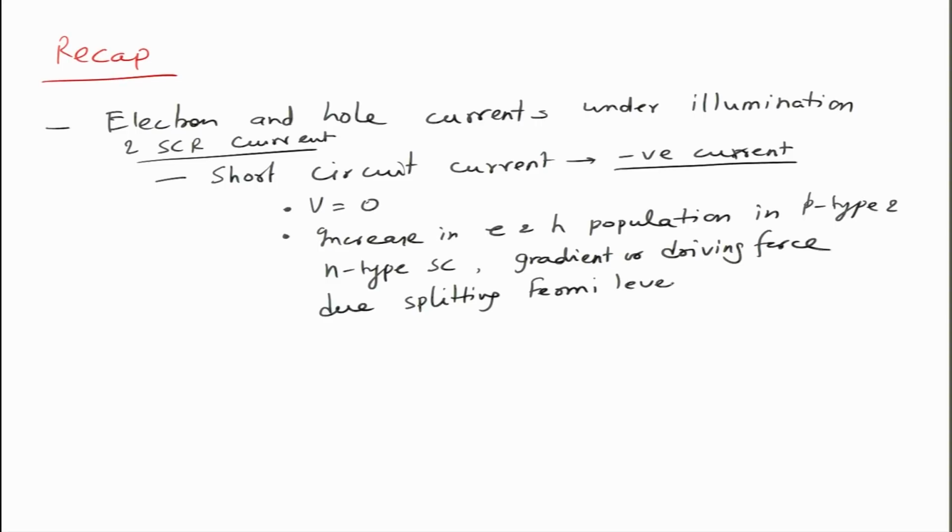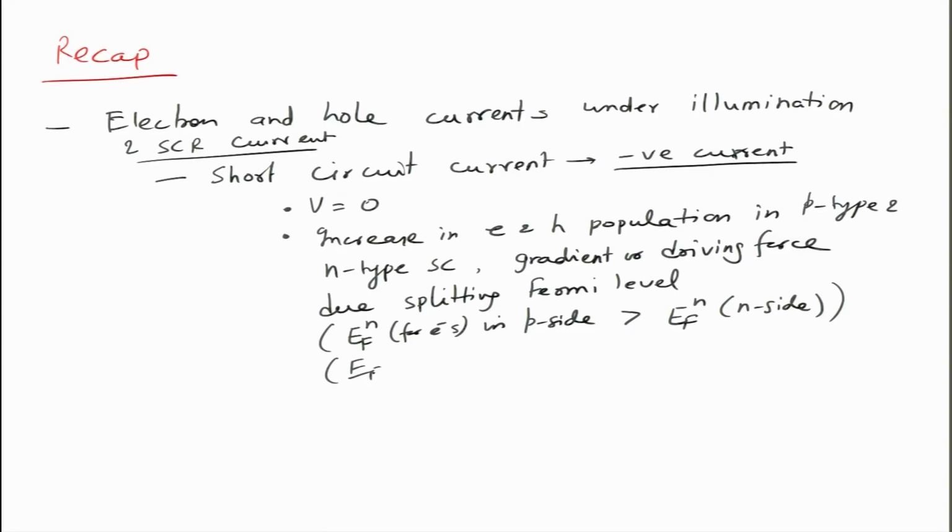The electron Fermi level rises above the electron Fermi level in the n side. So basically you can say EFN for electrons in p side is greater than EFN in n side.